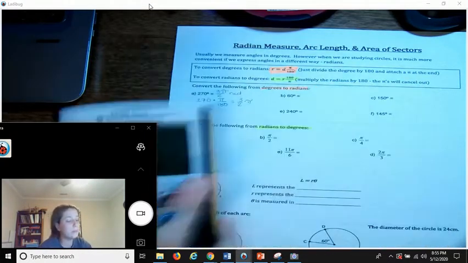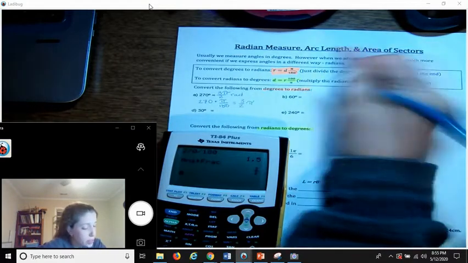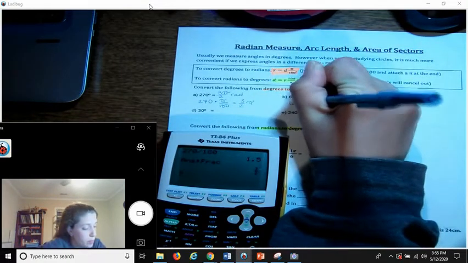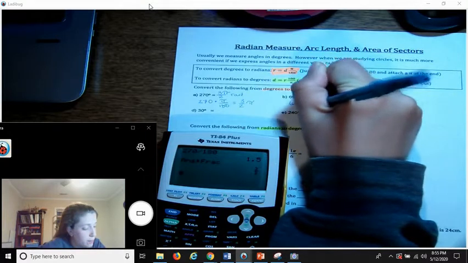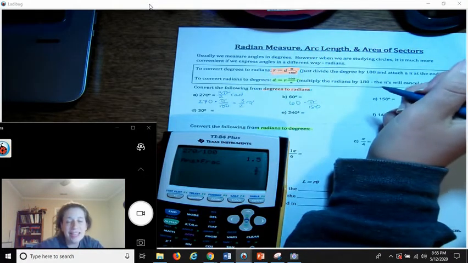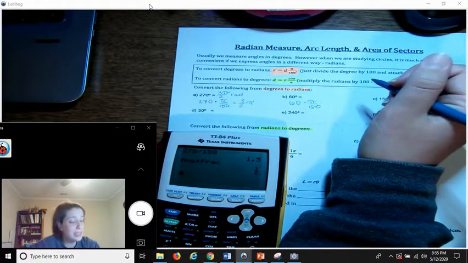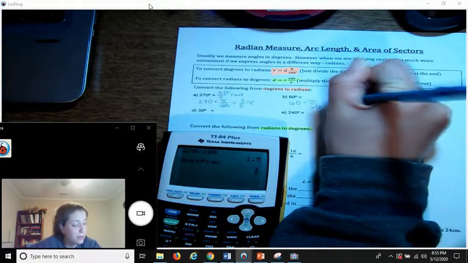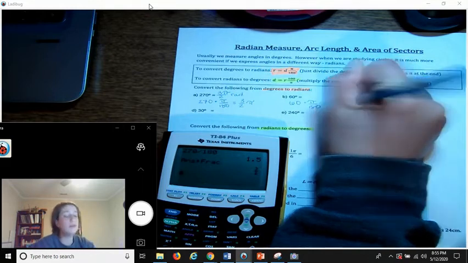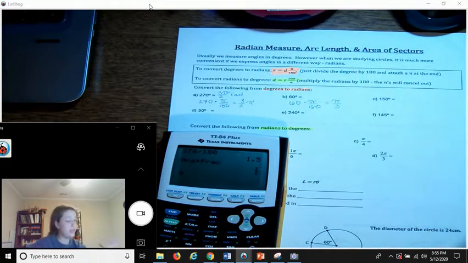So let's keep going. Now we have 60 degrees. I'm taking my 60 and multiplying by pi over 180. Now 60 over 180 is kind of like 6 over 18, right? 6 times 3 is 18, so I should just get pi over 3 for this one. If you can't do those fractions in your head, that's totally fine.